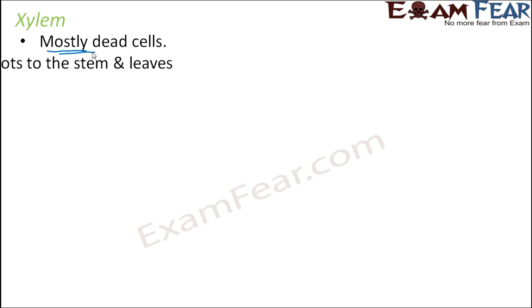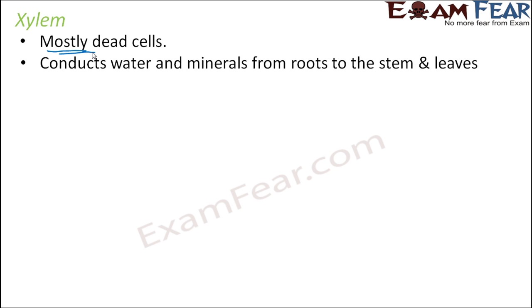They conduct water and minerals from roots to the stem and leaves. So this will conduct only water and minerals from root to stem. That means it conducts water and minerals upward. So xylem has a specific direction for conduction, and that direction is upward from roots to stems and leaves.